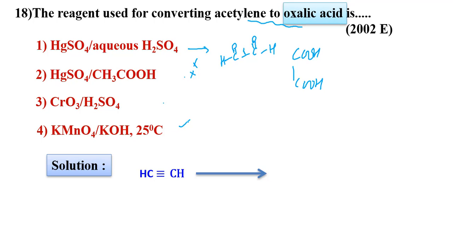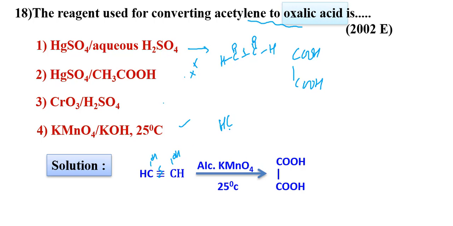KMnO4 in basic medium. Yes, KMnO4 is initially forming diols. Later, see here, it is forming OH and OH. In case of alkene, it is giving diols, CH2OH and CH2OH.